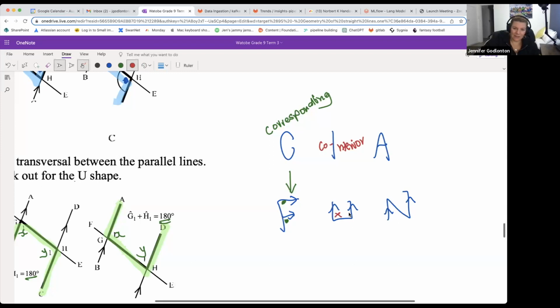So this one plus this one is 180. So the I is part of the U. And then the last one is A for alternate, and that's our Z or our N. So CIA, fun. If you can remember those three letters, you will never make a mistake with these ones.